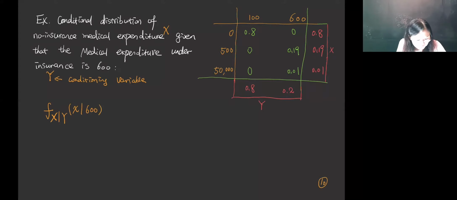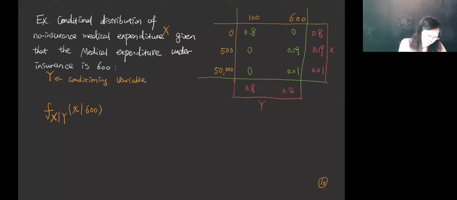We can see from the table that when y equals 600, the probability that x equals 0 is 0. So x cannot equal 0 when y equals 600, but x could equal 500 or 50,000.